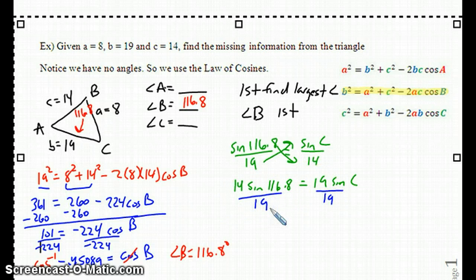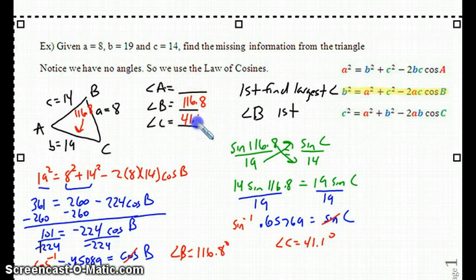So 14 sine of 116.8 divided by 19 gives me 0.65769. Again, I don't want the sine of C, I want just C, so I have to take the sine inverse of that. 41.1 degrees.